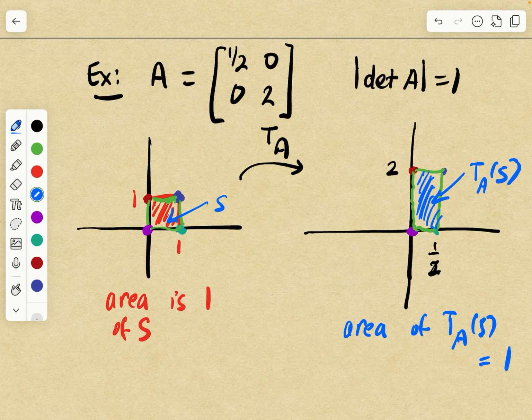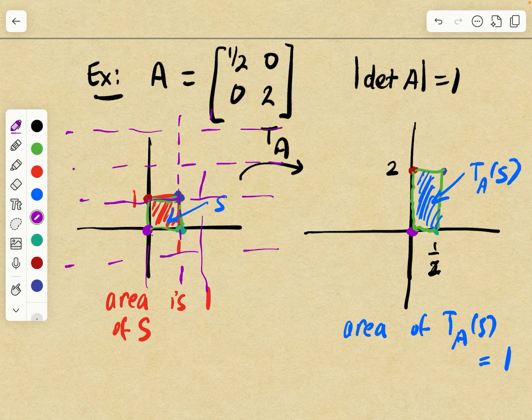And notice what happens when you take not just this unit square, but you imagine tessellating all of R2 with these squares. So you imagine all these unit length squares, like a grid, and you imagine taking all these squares and plugging them in.